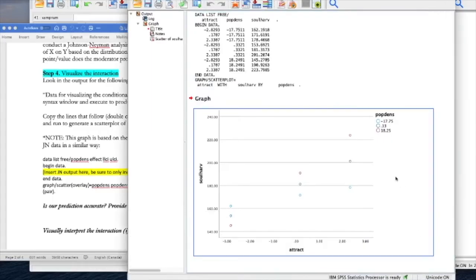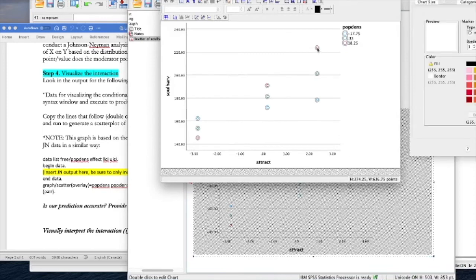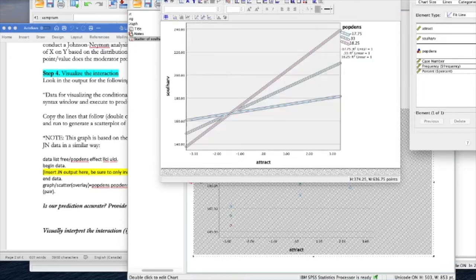Once you run that, you get this graph. You can also double click on it to edit it.